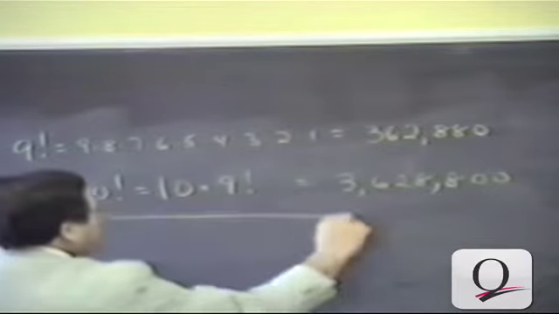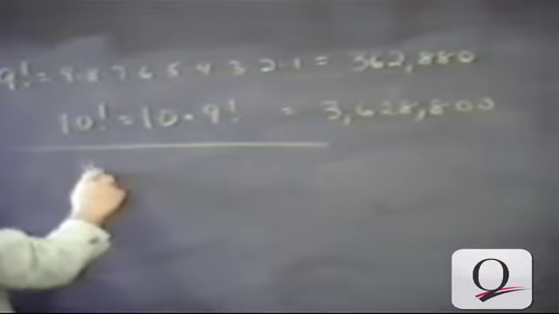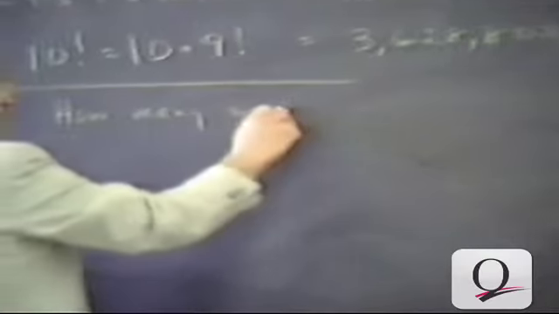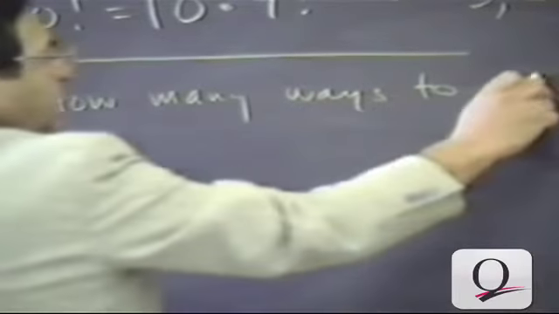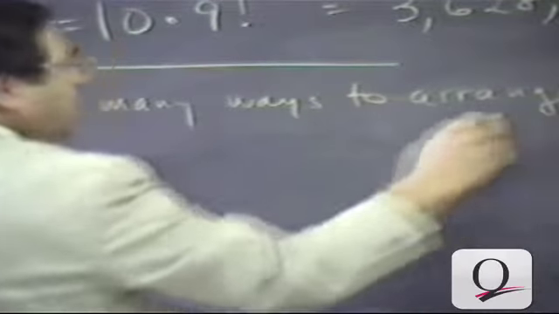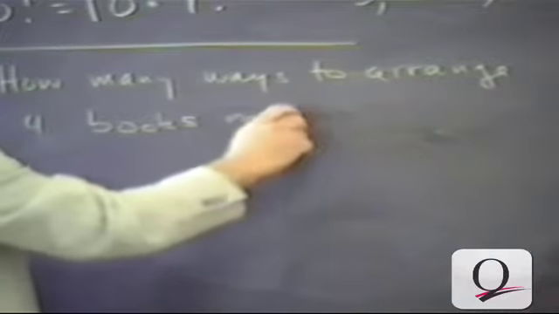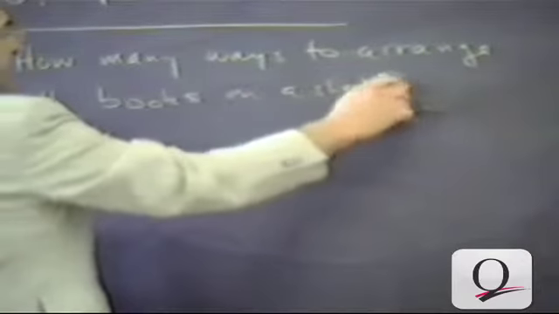So, try this. How many ways to arrange 4 books on a shelf? Assume they're distinct. Think about that for a second. And you should have gotten 24.